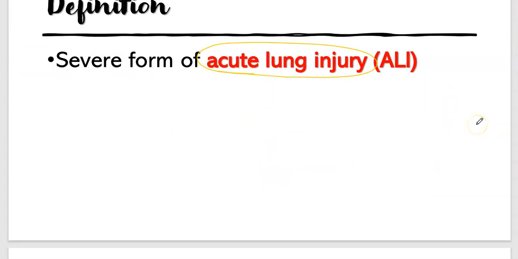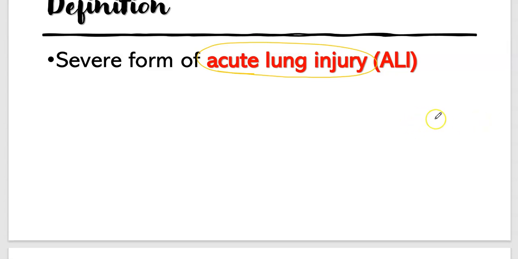Now, there are many different ways on how we have lung injury. You can have lung injury kasi nga meron infection process, or you can have lung injury because of chest trauma, or because of a flail chest, or when you have a vehicular accident.